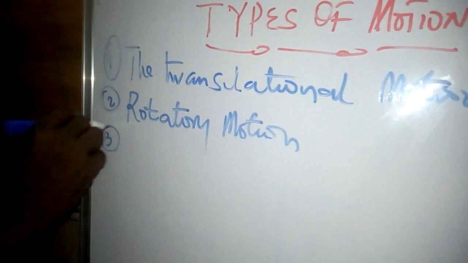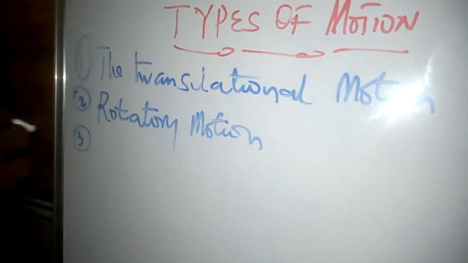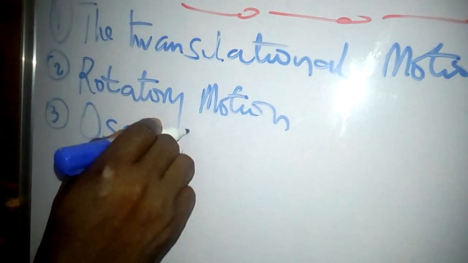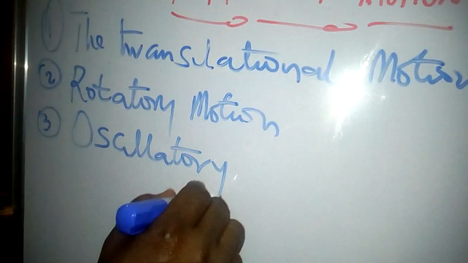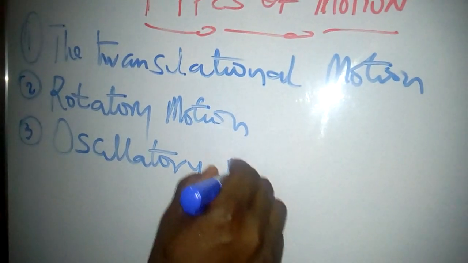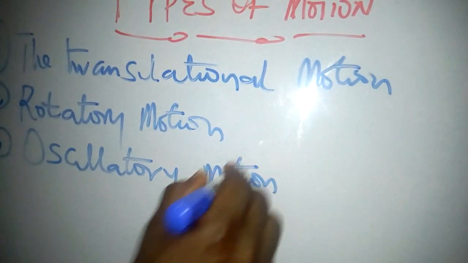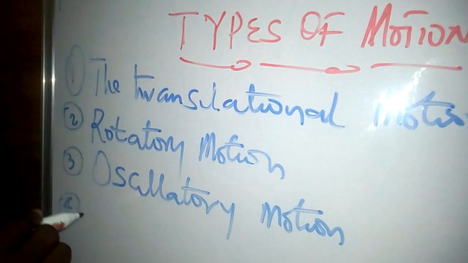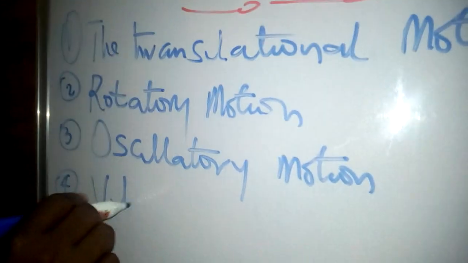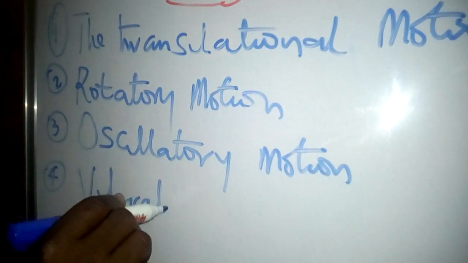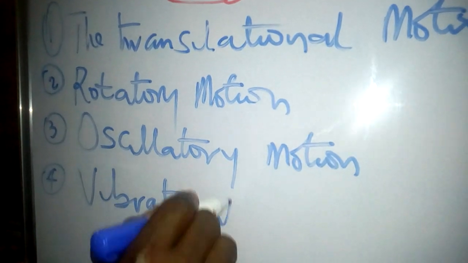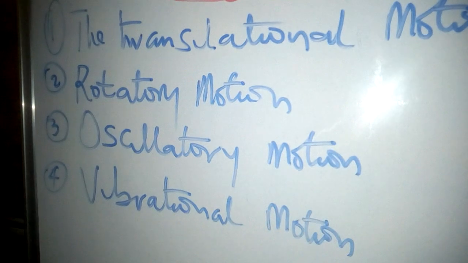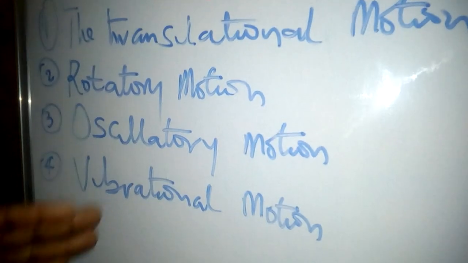Three, we have the oscillatory motion. And four, we have the vibrational motion. These are the various types of motion.